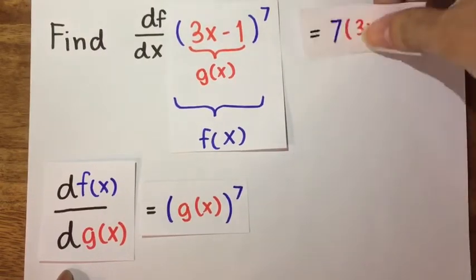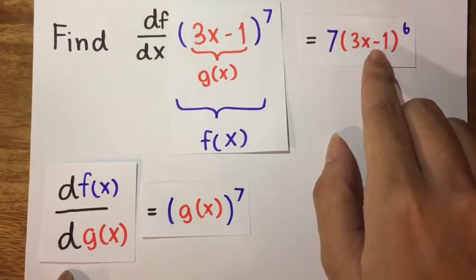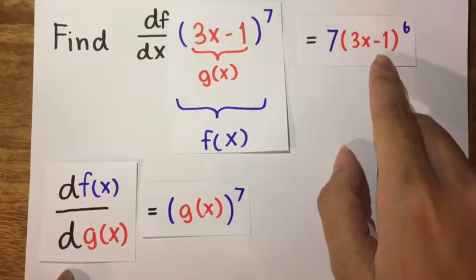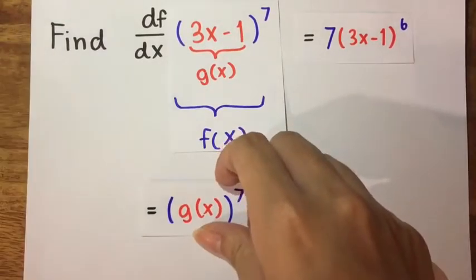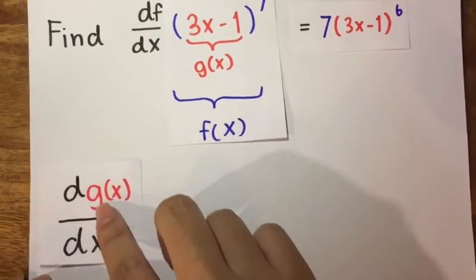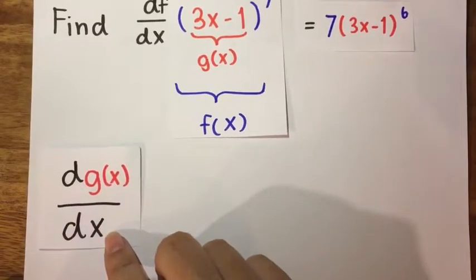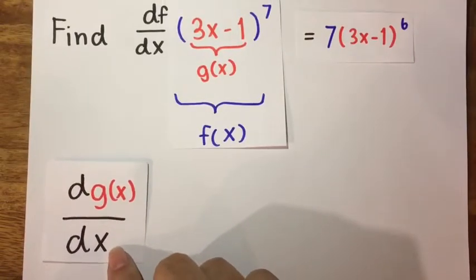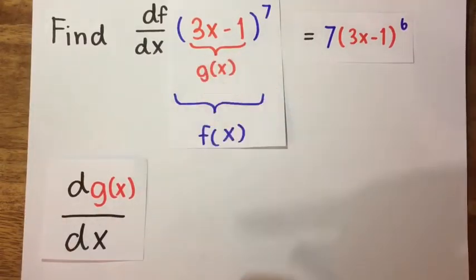Okay, now this is deriving f of x with respect to g of x. We get 7 and 3x minus 1 all to the power of 6. And now we are going to do the derivative of g of x with respect to x. So the same thing here, g of x is 3x minus 1, and we are going to derive that.